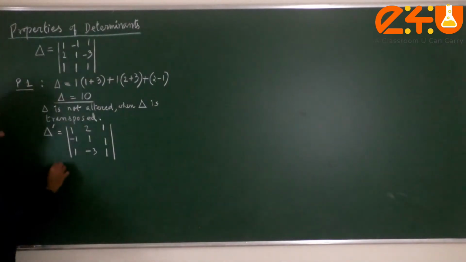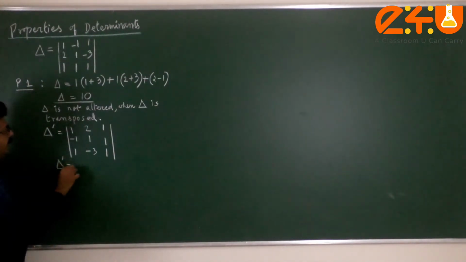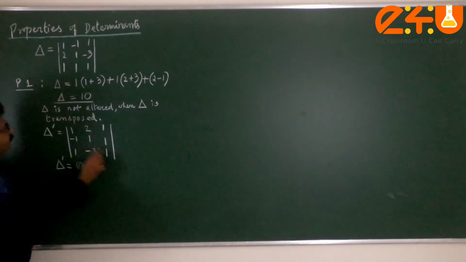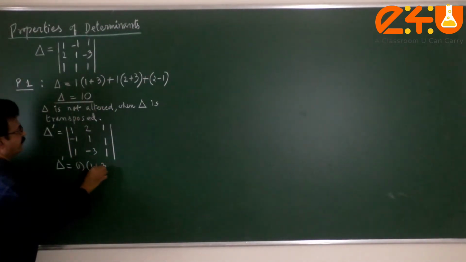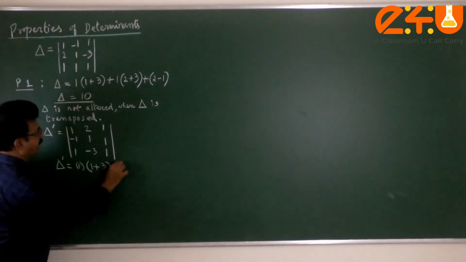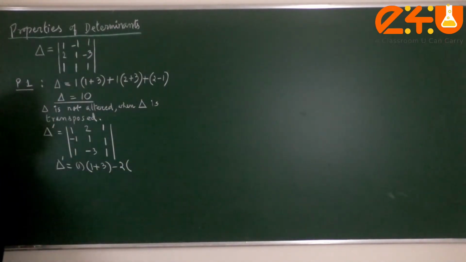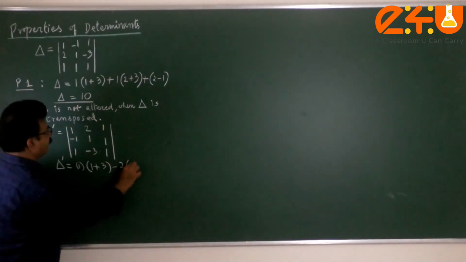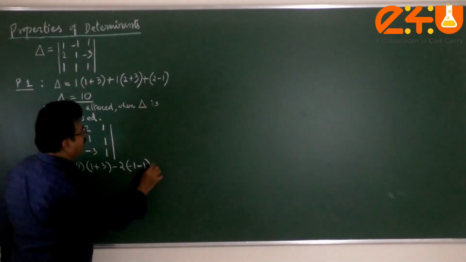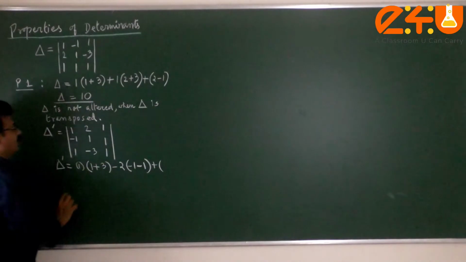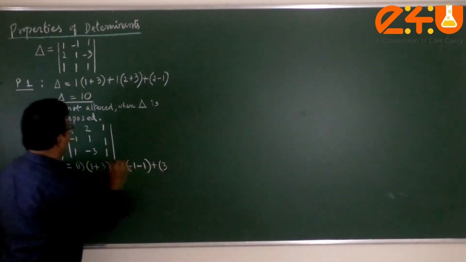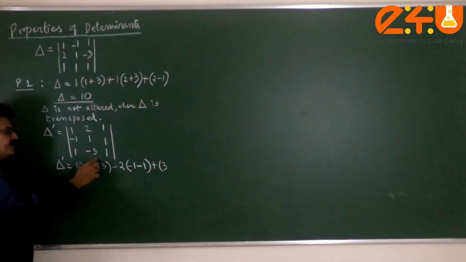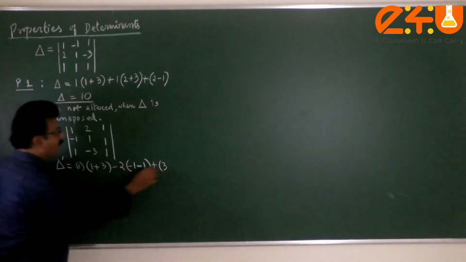Let us evaluate once again, expanding by row 1. First element 1, cofactor 1 minus of minus 3, negative 2, negative for the cofactor, and minor is minus 1, minus of 1 again, and plus adding 1 into the cofactor, 3 minus 1 into minus 3, that gives 3 minus of 1.